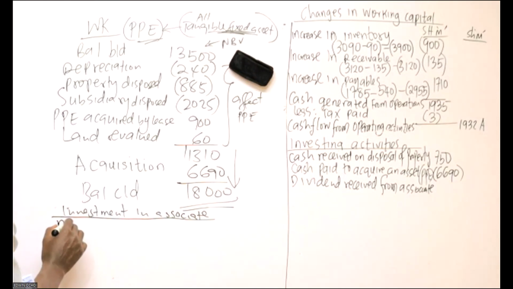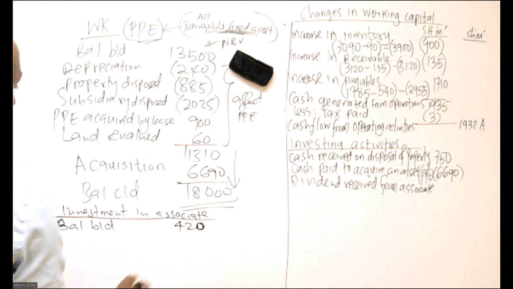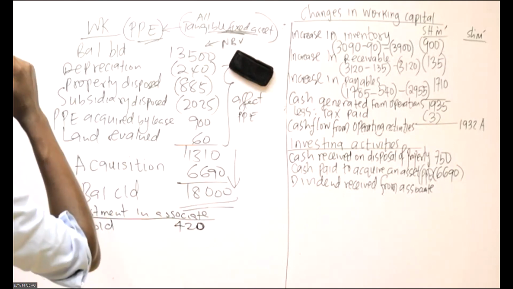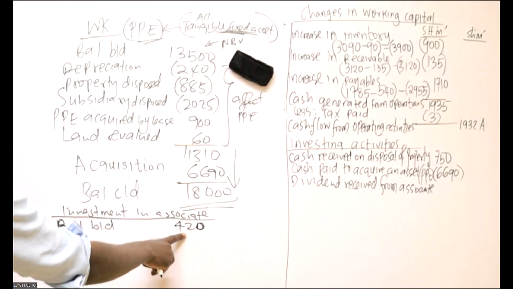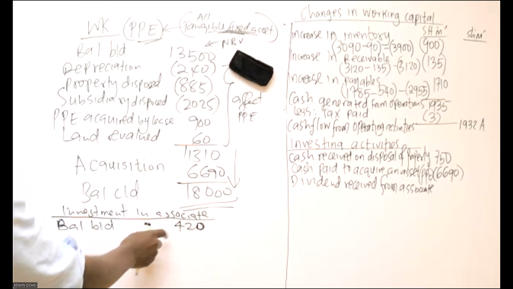The balance brought down being investment in associate is 420, from the initial, from 2016. Remember the parent had investment in associate first.